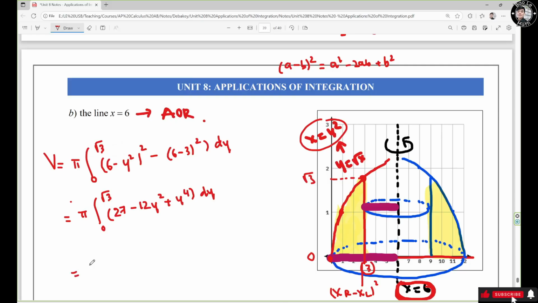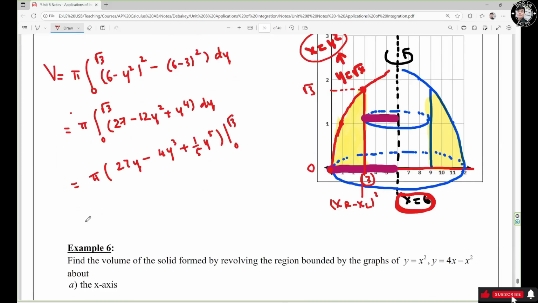Then it turns out to be pi times 27y minus 4y cubed plus 1 over 5 y to the power 5, evaluated from 0 to root 3. Now substitute root 3 for y. It turns out to be pi times 27 root 3 minus 4 root 3 cubed plus 1 over 5 root 3 to the 5th.